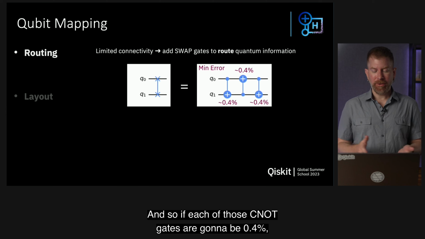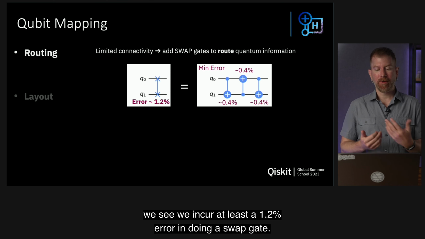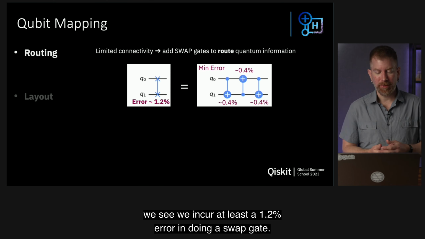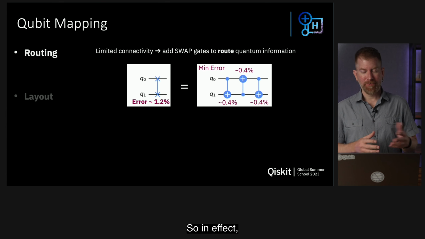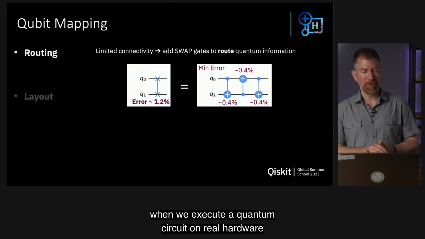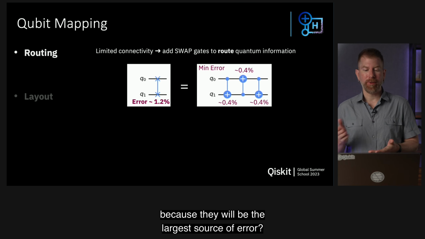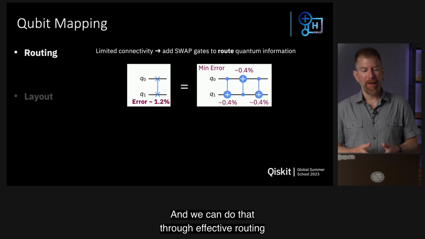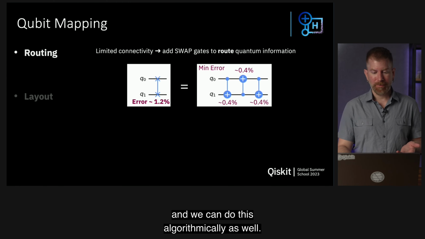And so if each of those C-NOT gates are going to be 0.4%, then when we go back to our swap gate, we see we incur at least a 1.2% error in doing a swap gate. So in effect, the first thing we ever want to think about when we execute a quantum circuit on real hardware is how do we eliminate these swap gates because they will be the largest source of error. And we can do that through effective routing, and we can do this algorithmically as well.